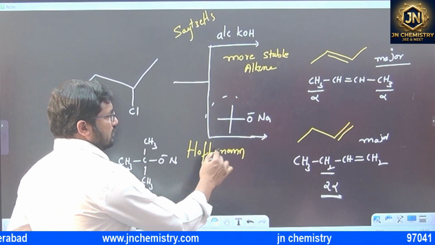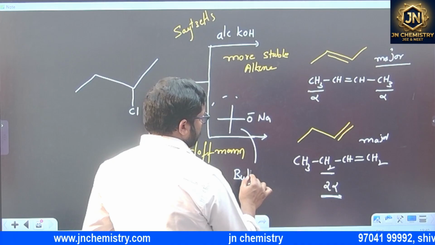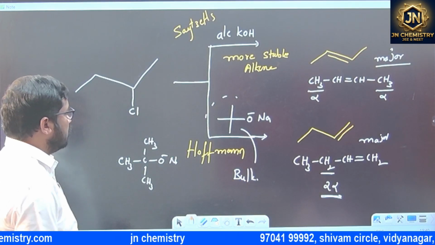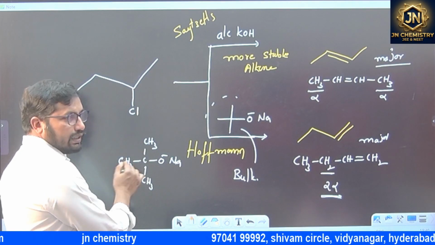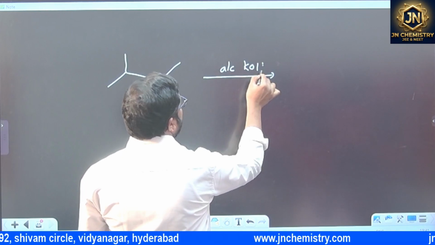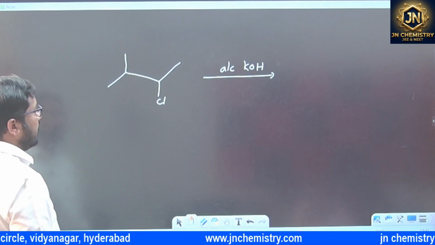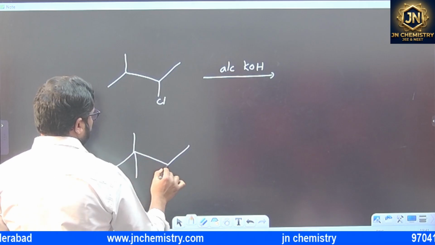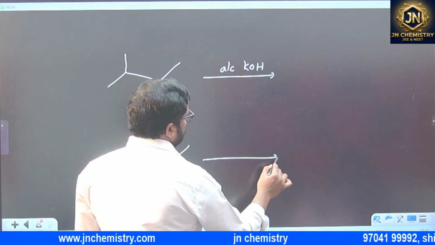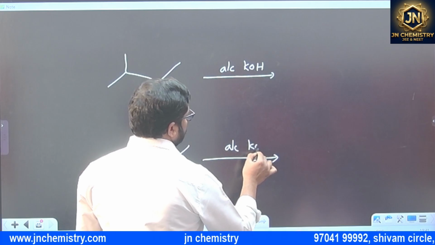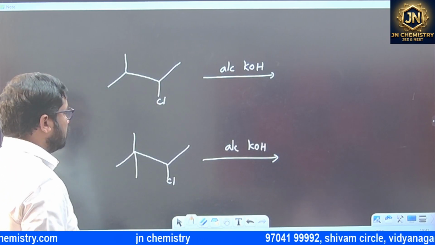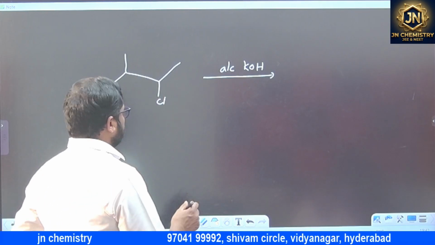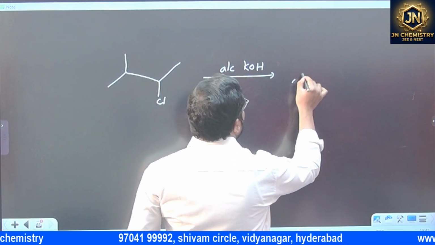So with alcoholic KOH only, write the product. Directly I am writing the product.